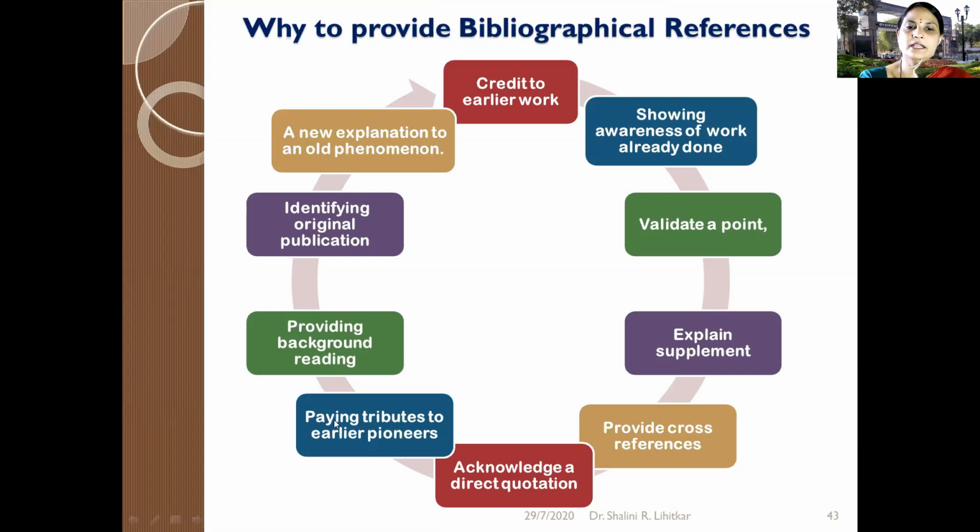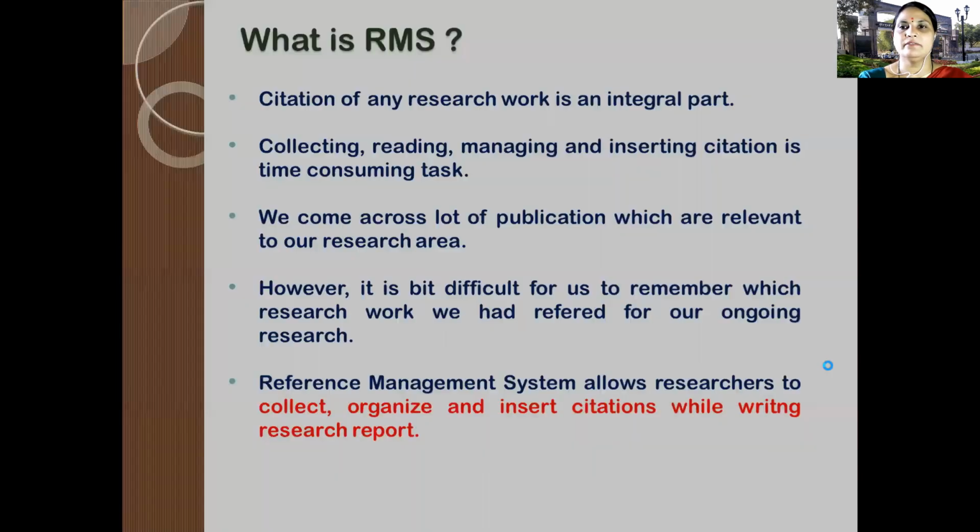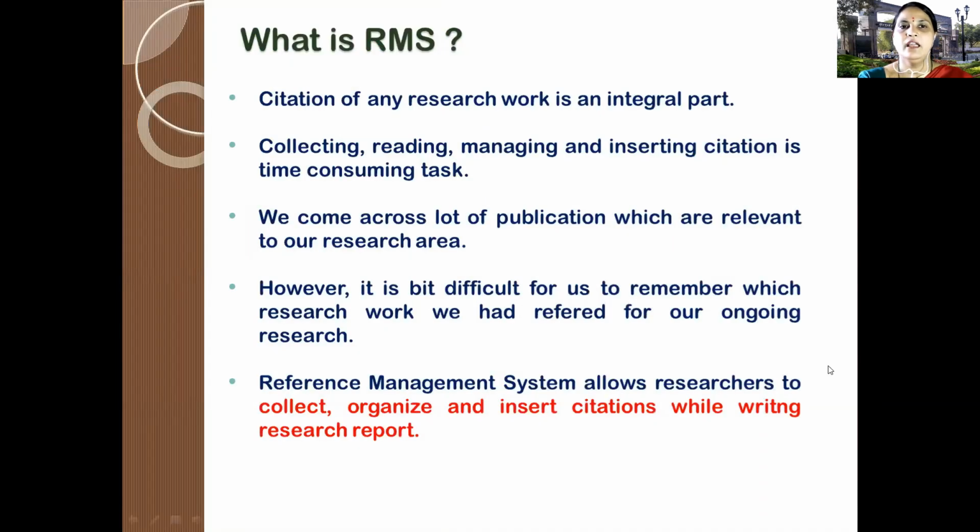We have to pay tribute to the earlier pioneers, and for background reading and for identifying the original publication we have to provide the bibliographical references. So for all this purpose you have to provide the bibliographical references in a systematic way, and you can take the help of a reference management tool. So what are reference management tools?